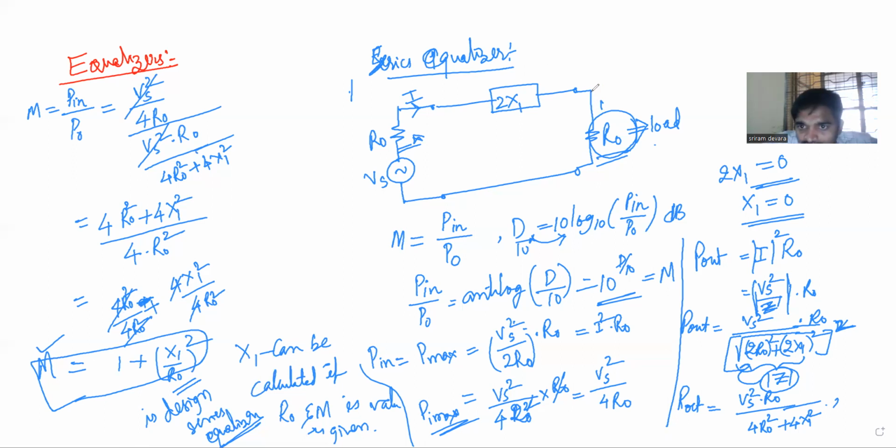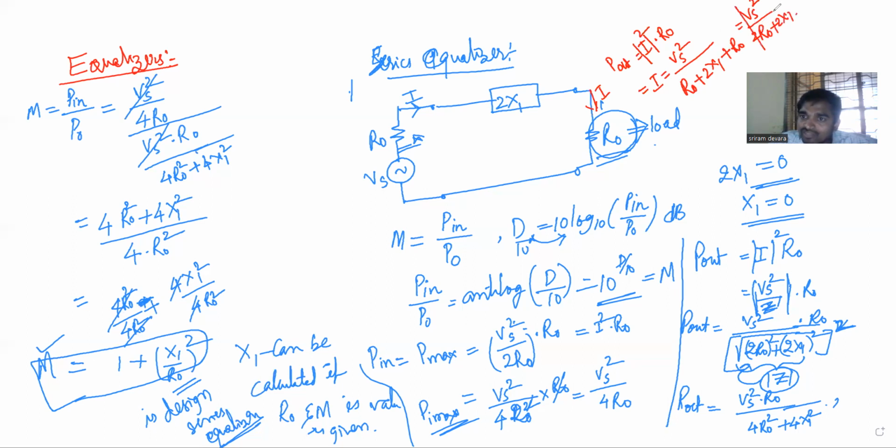So here the output power P output is equal to magnitude of I square into R naught. But what is I? I is equal to Vs divided by R naught plus 2x1 plus R naught. So therefore, this is 2 R naught plus 2x1.